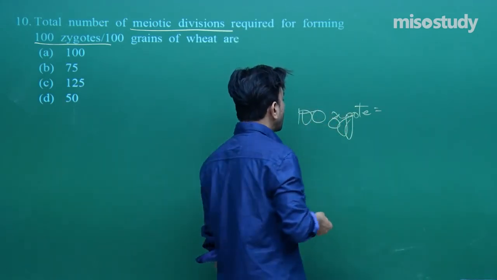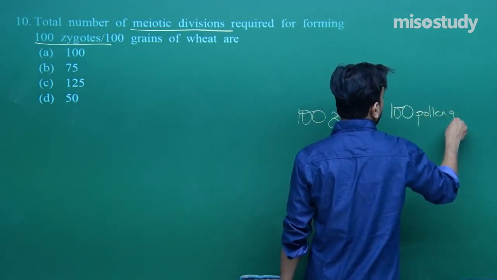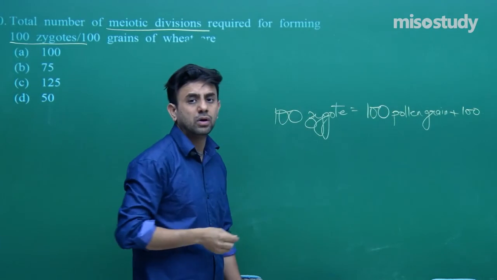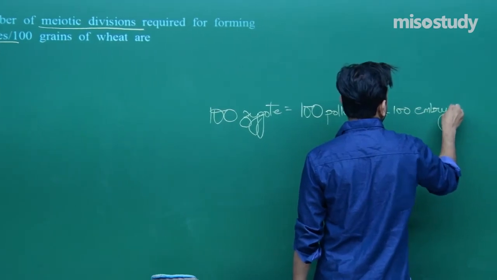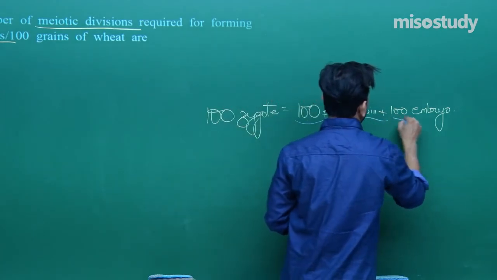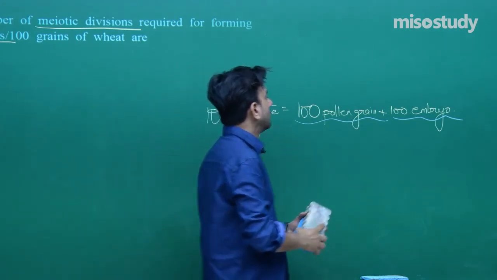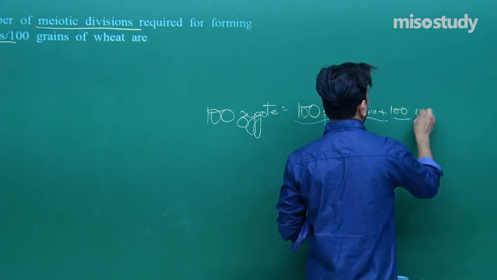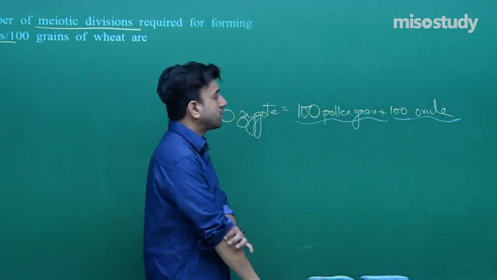It will require the contribution of 100 pollen grains plus 100 ovules.